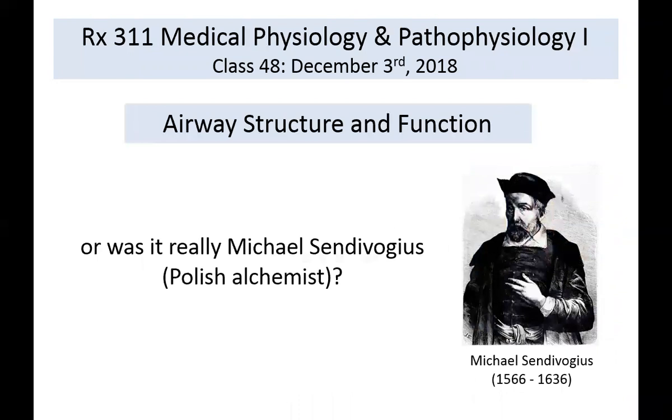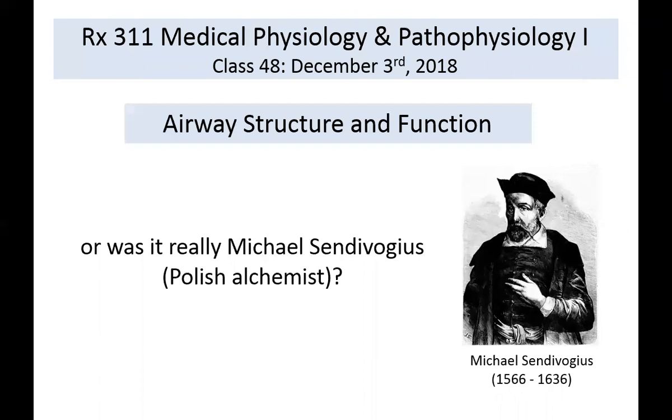You won't see this guy, Michael Sendivogius. He was a Polish alchemist, and he did a lot of work with potassium nitrate, saltpeter, and he called it the compound of life, because he found that if you heat potassium nitrate, it gives off a substance that helps things live, oxygen. So he did this a couple of hundred years before these other guys came along.